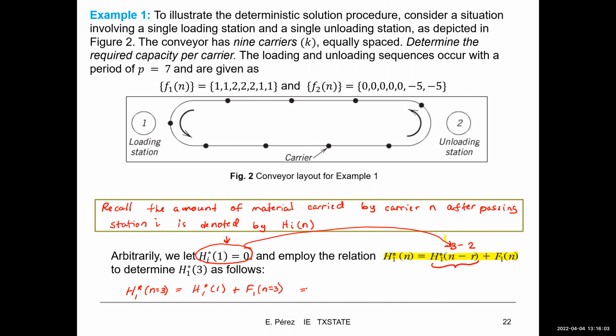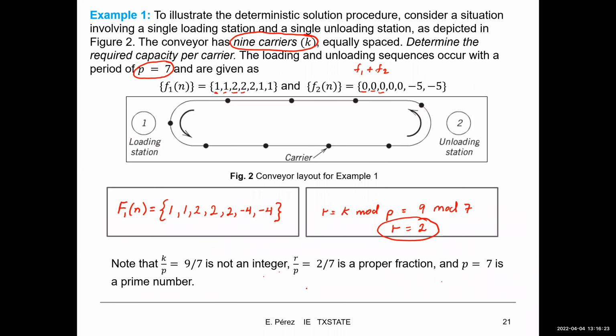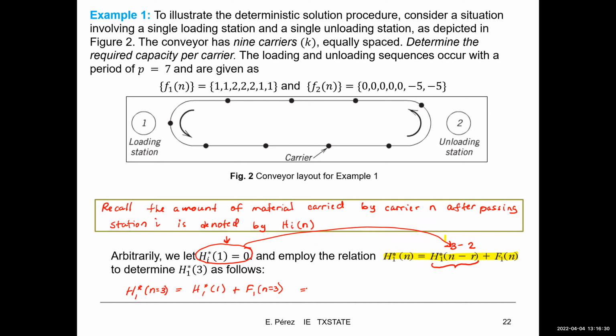And now I can substitute that into this expression and find the next one, which will be for n equals 3. Okay, so H1 star for n equals 3 will be equal to this value, which I know, plus this value that I computed in the previous slide. So I can use F1 of 3, and I can use this value to compute this sequence.